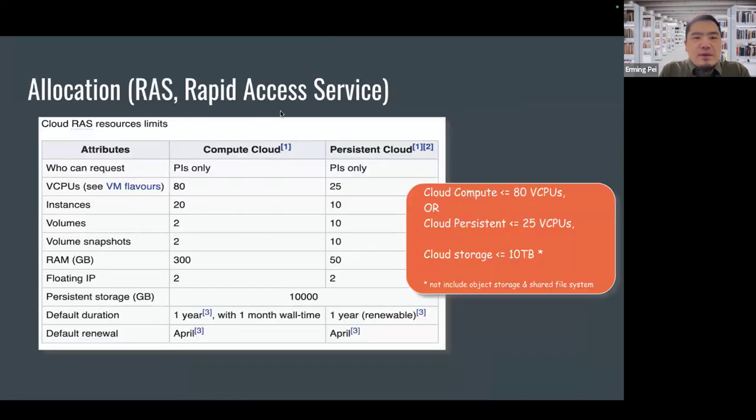Allocation. If you want to access the cloud resource, you don't want to wait for the competition that happens each year in fall. So you just apply for RAS.